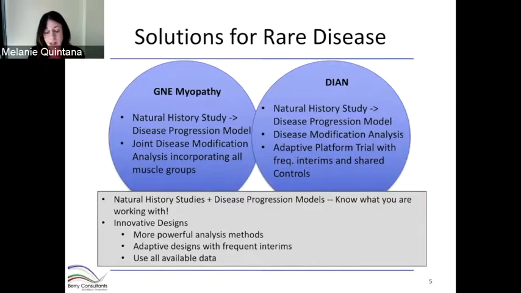You'll also see that we can get some power gains, and there are advantages to doing adaptive designs where we have more frequent interims to discern if we have reached early success and, because the treatment is so effective, enroll a smaller sample size. And also using all available data that we have, not just repeated measures, but also potentially using the natural history data as a comparator to the treated individuals.